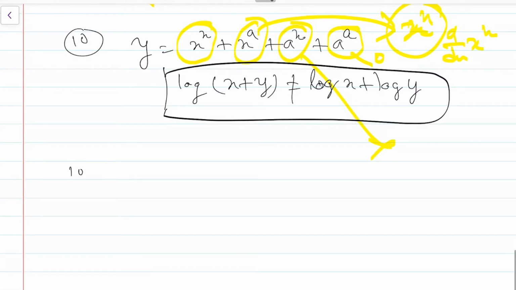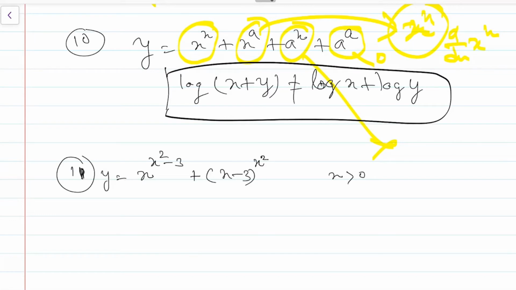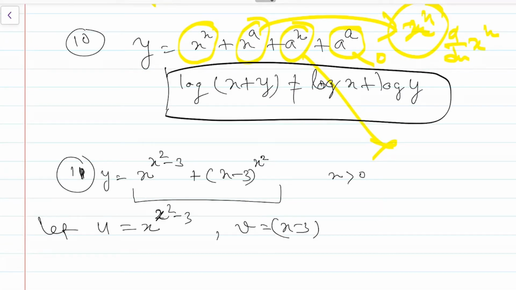Then question number 11. So here also both the terms have variable raised to the power variable, so we have to take log for both terms. So let u is equal to x raised to the power x square minus 3, and v is equal to x minus 3 raised to the power x square. So taking log separately, log of u is equal to x square minus 3 log x.